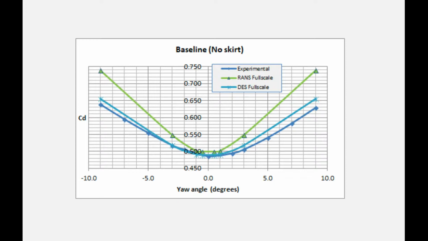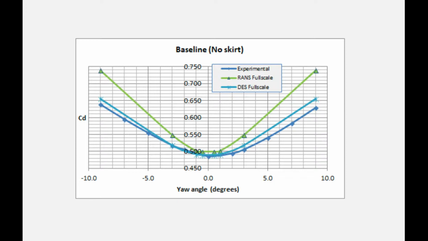And what we've found is that the DES transient case is a bit more accurate in terms of predicting the drag coefficient of the vehicle. If we look at this graph here, you can see that the blue experimental data more closely matches the curve of the DES transient data, whereas the RANS steady data doesn't necessarily match as well.